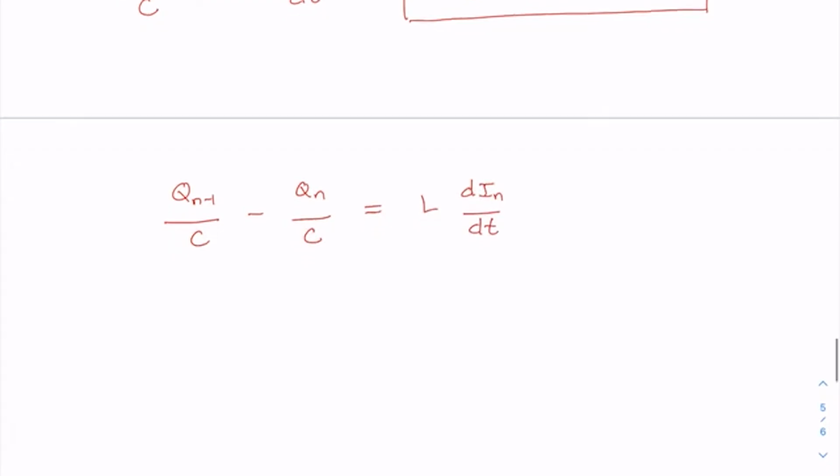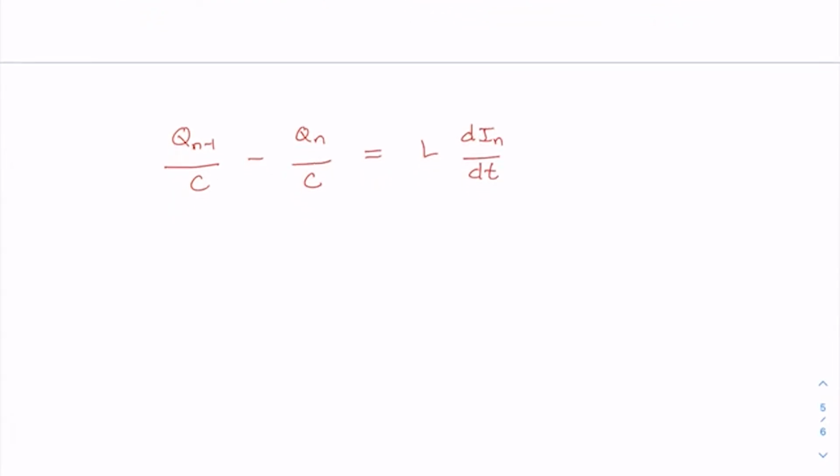Let me take the time derivative of this equation on both sides. Then what I am going to get is 1 by C times Q n minus 1 dot minus Q n dot is equal to L d2I by dt2.